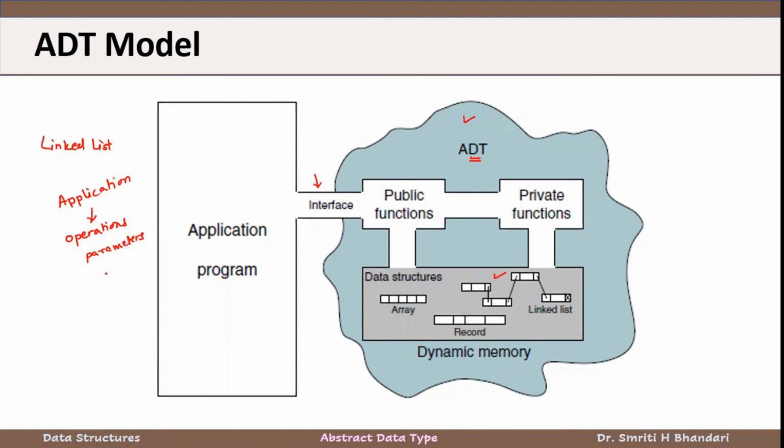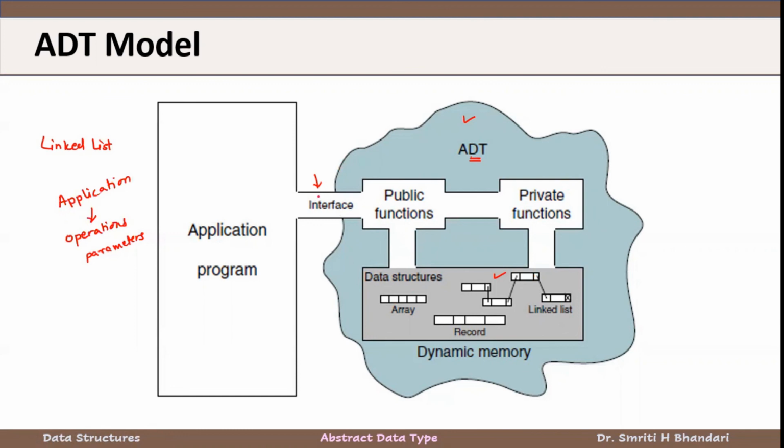So the application programmer knows the operation name and its parameters. Those are available to the application, and they provide the only interface to the ADT. So entire working of the ADT is hidden. So complex details are hidden from the programmer. Programmer can use the abstract data type right through this interface.